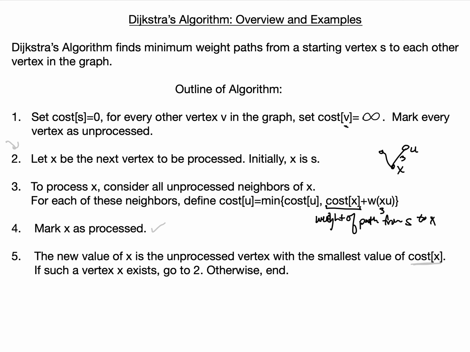Okay, so after we've updated the cost of each of the unprocessed neighbors of X, then X is processed.